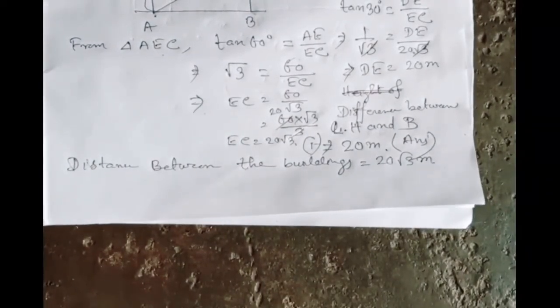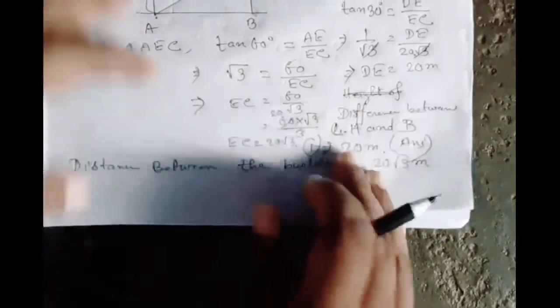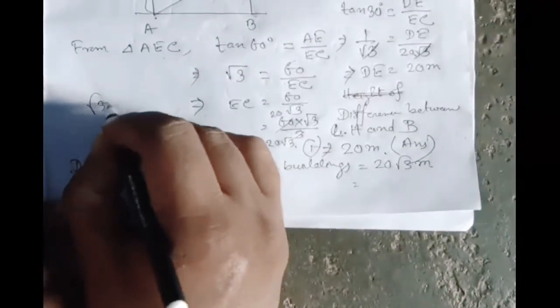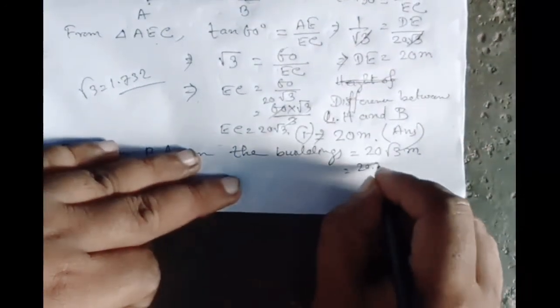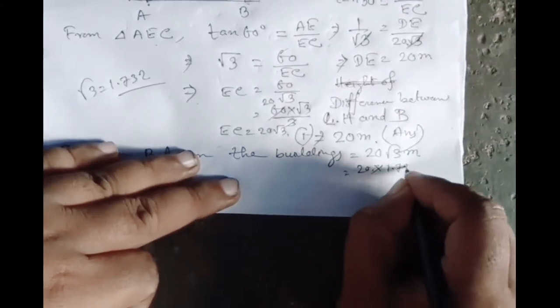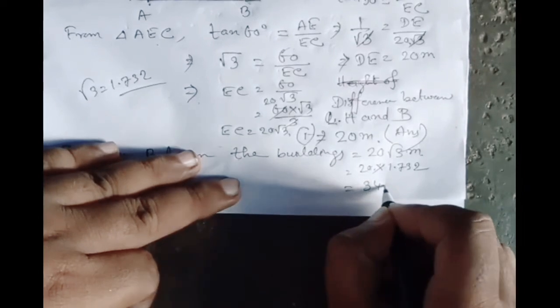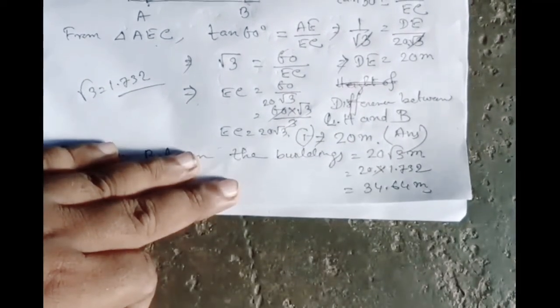If we calculate 20 root 3, taking root 3 as 1.732, 20 into 1.732 is 34.64 meter.